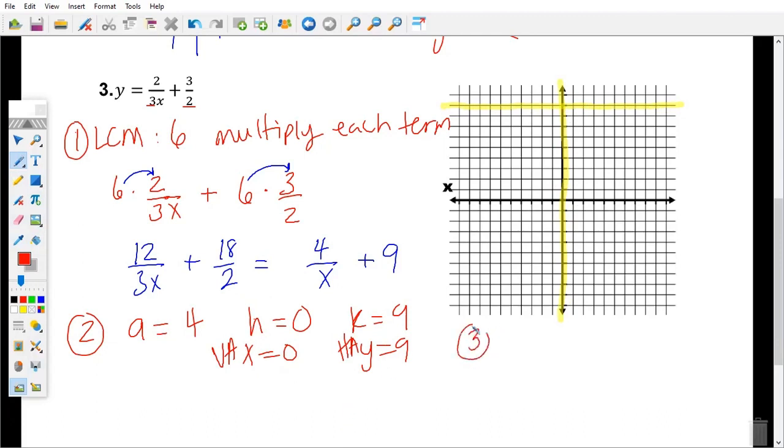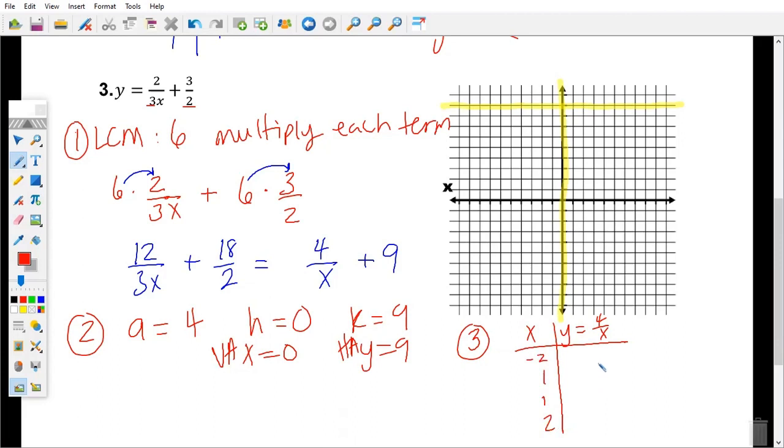So step 3 is your table. And your table is based off of your y equals a over x, so 4 over x. Is it okay if I just do 2 and 1? I'm just going to do -2, -1, +1, and +2.